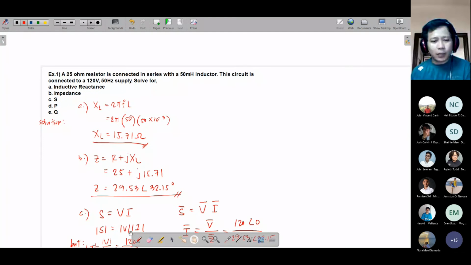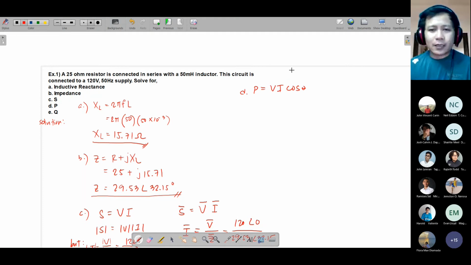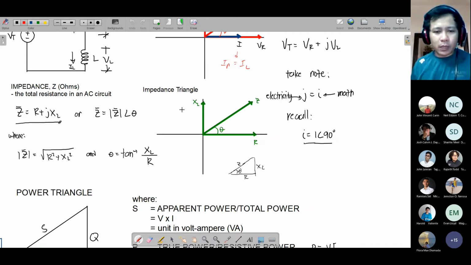Let's continue, how about letter D? Letter D, true power P. So recall, true power P, you have VI cosine of the angle theta. Now, these are all magnitudes. Previous page.